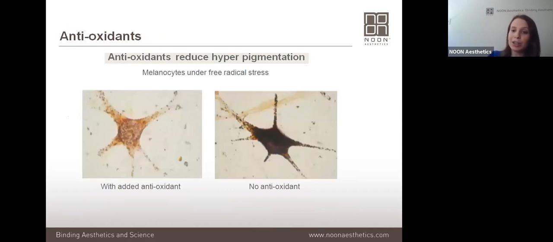In this picture, we can really see with our eyes what difference the antioxidant can make. On the right is a picture with no antioxidant added. And on the left, we can really see that the melanocyte is brighter. So the antioxidant actually brightens and lightens our skin.